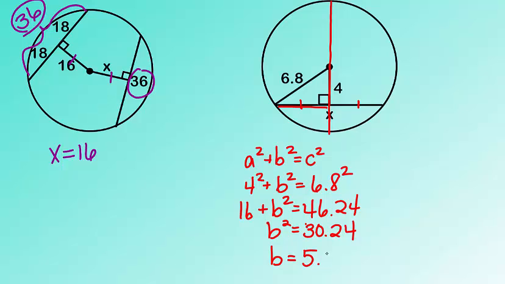And take the square root of both sides, and I get 5.5. B is equal to 5.5.